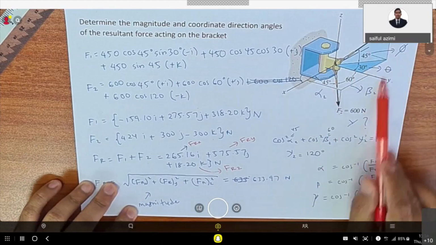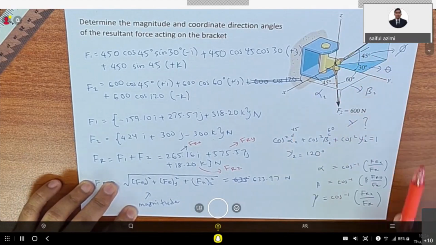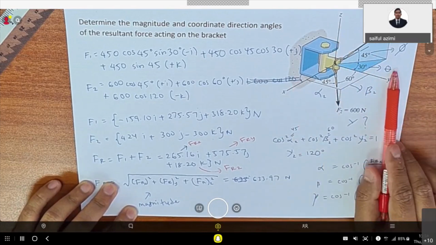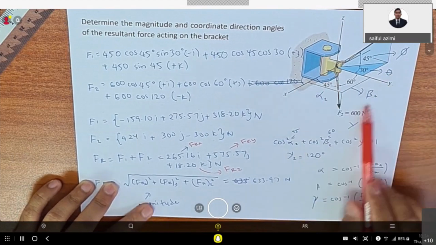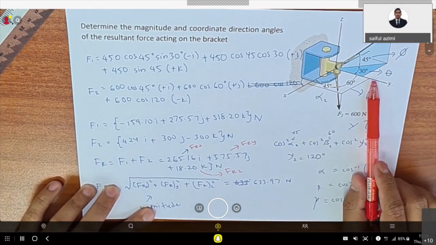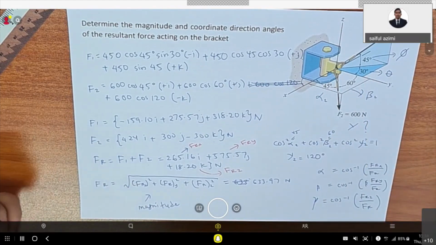Is this figure suitable for 2D, or is it suitable for 3D? 3D is alpha, beta, and gamma. So you need to take a look at your question, the force system that is already given, and identify which one is more suitable.